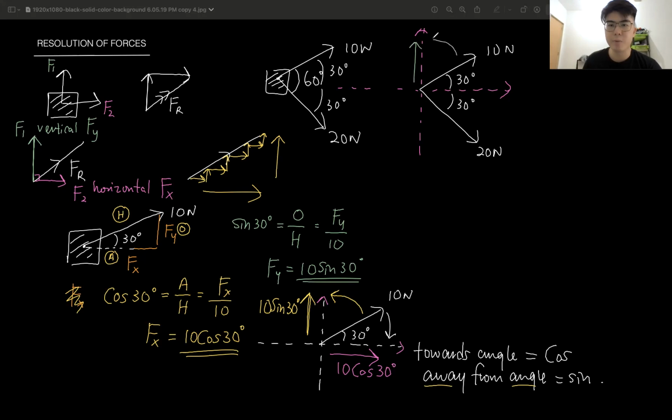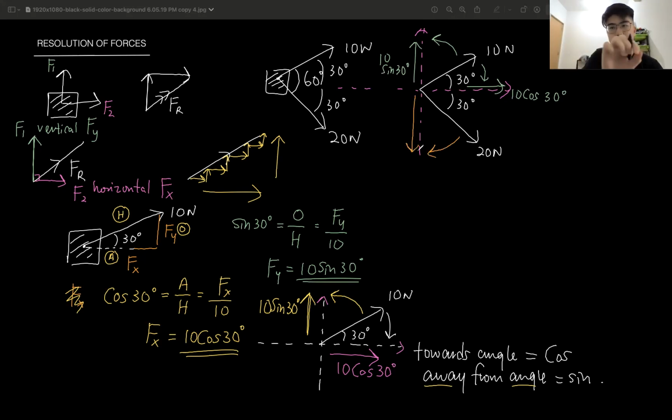Imagine I move this away. So that means 10 sine 30. That is my vertical. And then horizontal, over here, this is 10 cos 30. Now I already resolved the first force, the 10 Newton. I have another one to resolve also. So this one, again, I move it down here.